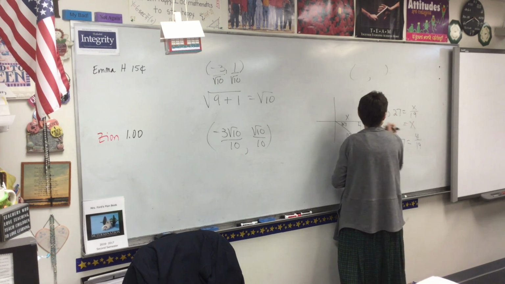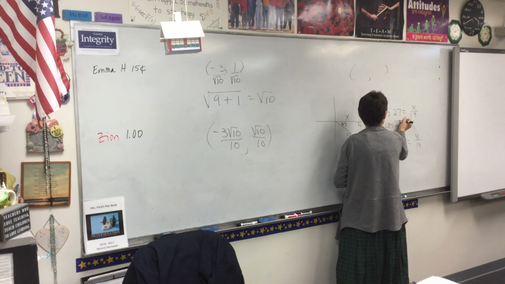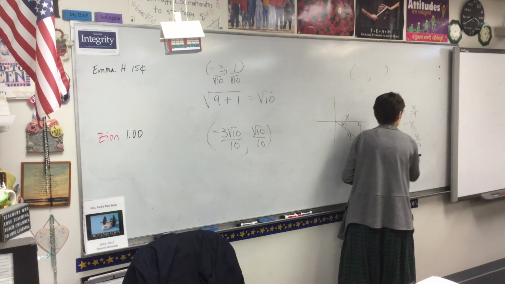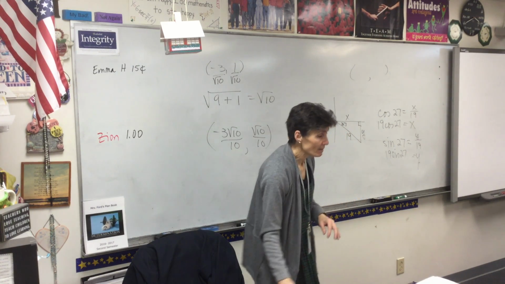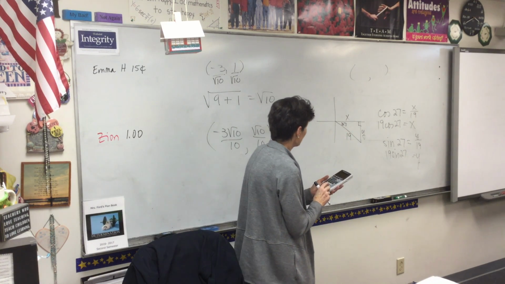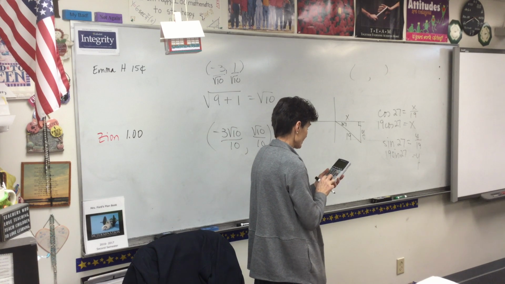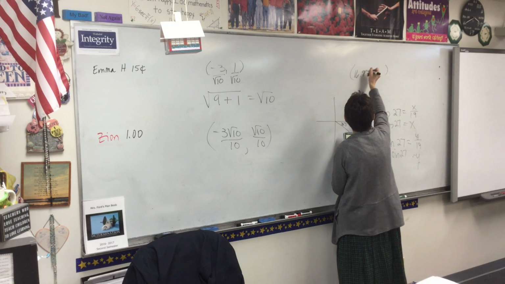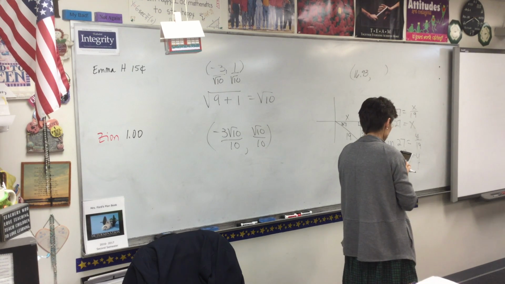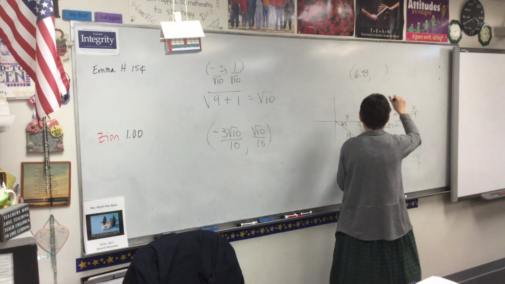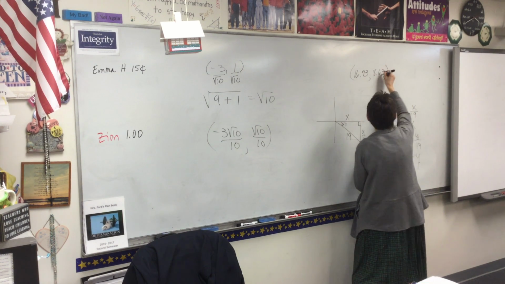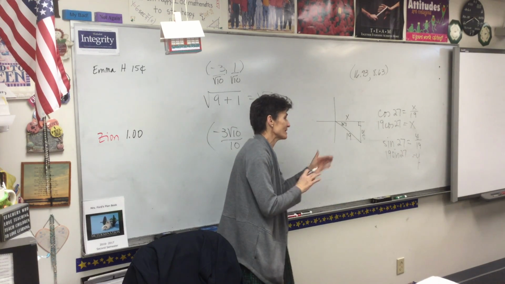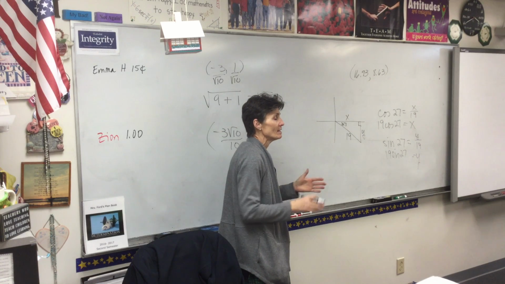So you type into your calculator 19 cosine 27 and 19 sine 27. So 19 cosine 27 is 16.93, and 19 sine 27 is 8.63.